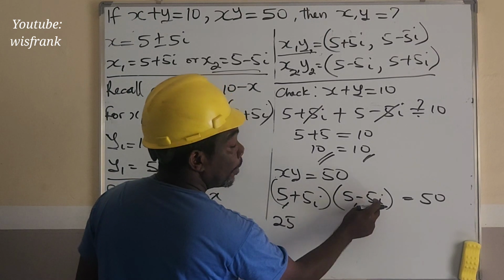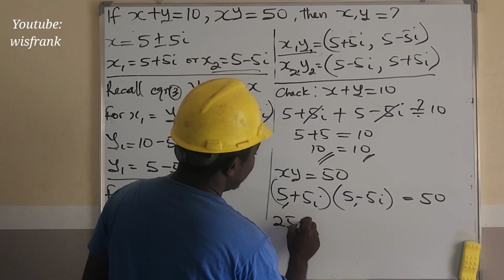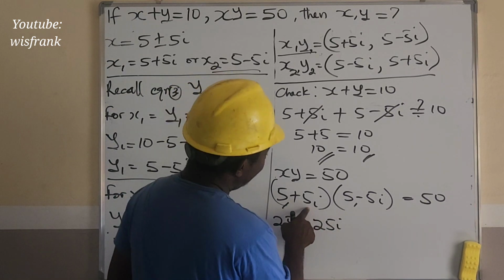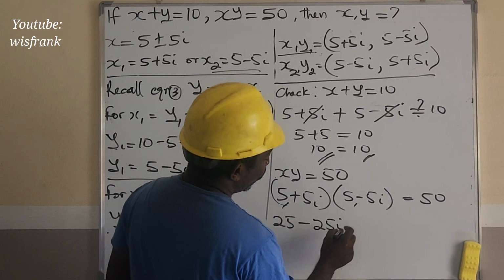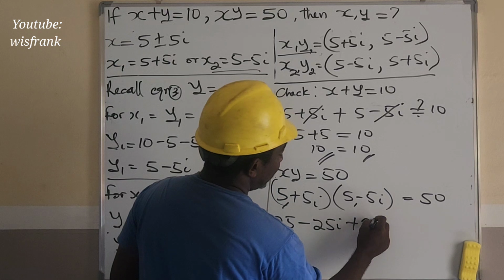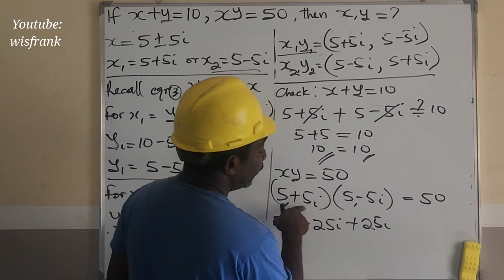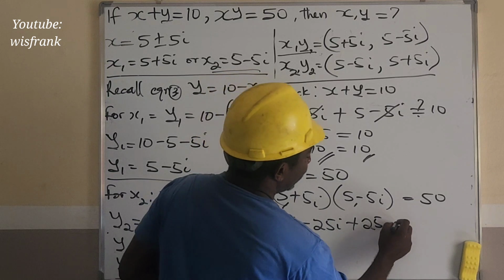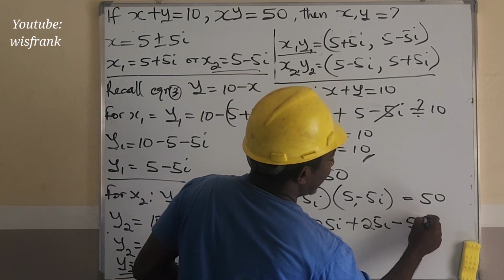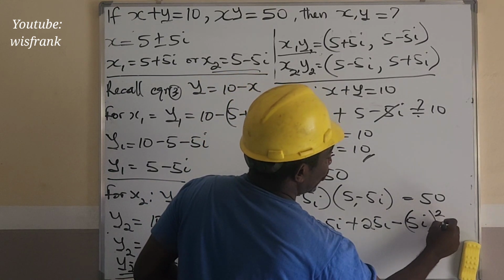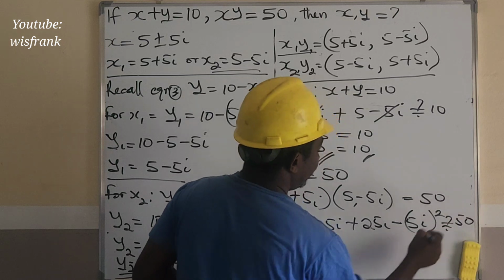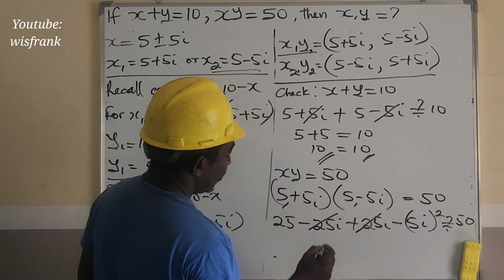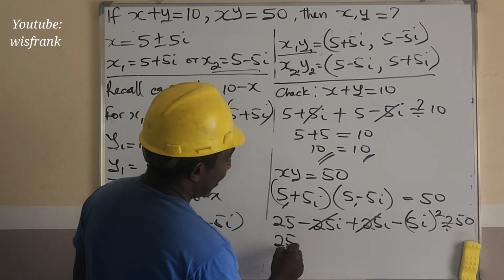Then 5 times minus 5i gives minus 25i. Then 5i times 5 gives plus 25i. Then plus 5i times minus 5i gives minus 25i squared. We can see that the middle terms cancel, so we are left with 25.